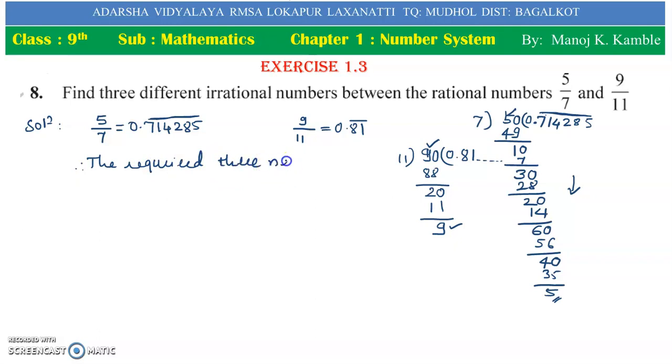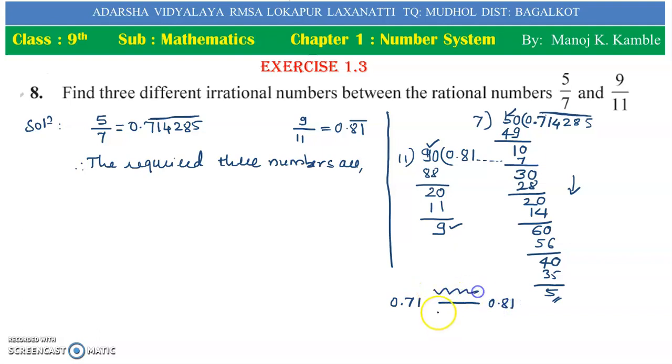Now we are writing numbers in between, so the required three numbers: you can take numbers in between 0.71 and 0.81.